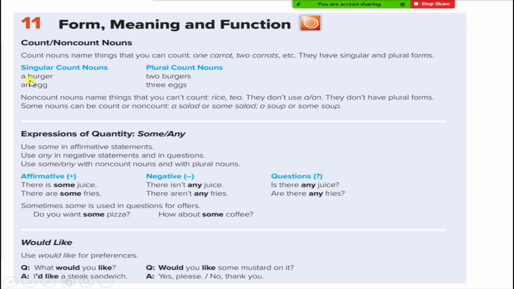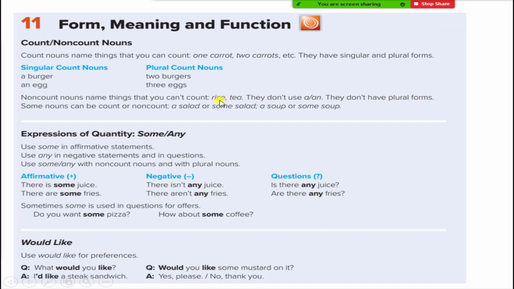We can say a burger, 1 burger for singular, or plural, 2 burgers, 3 eggs, 5 eggs, and so on. Non-count nouns name things that you can't count, like rice, water, tea, and so on. They don't use a or an. They don't have plural forms.